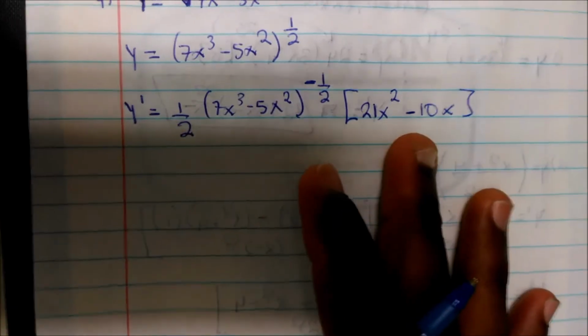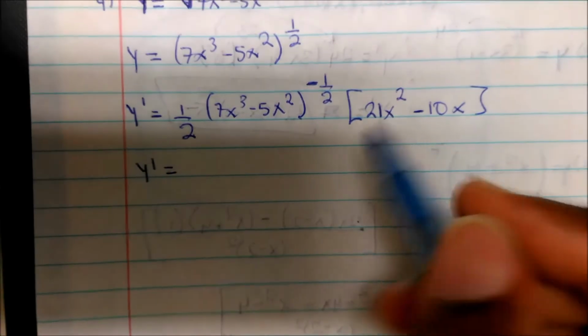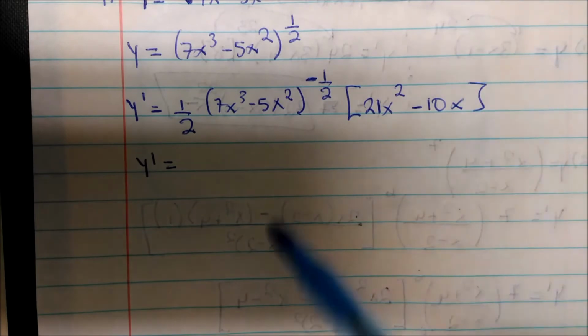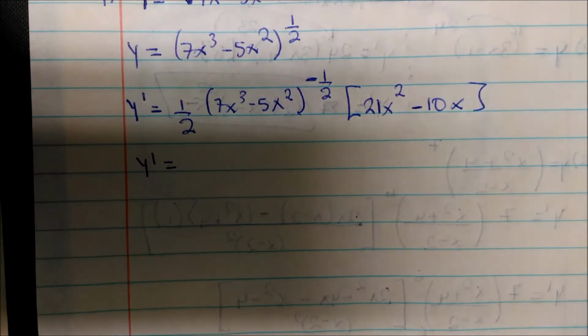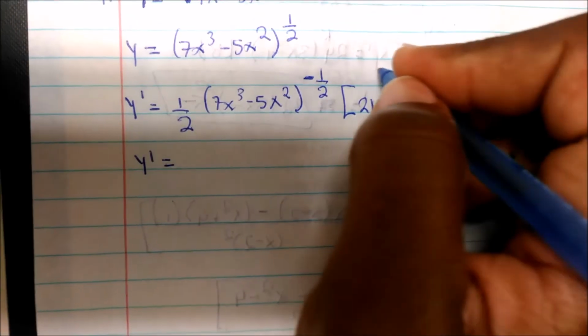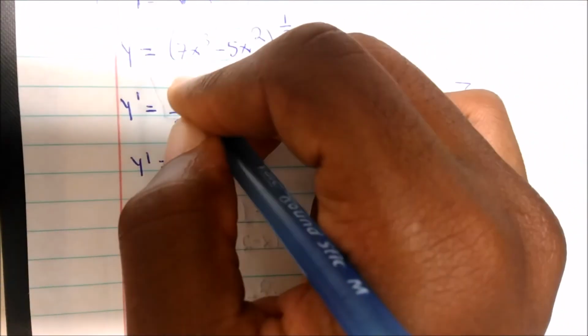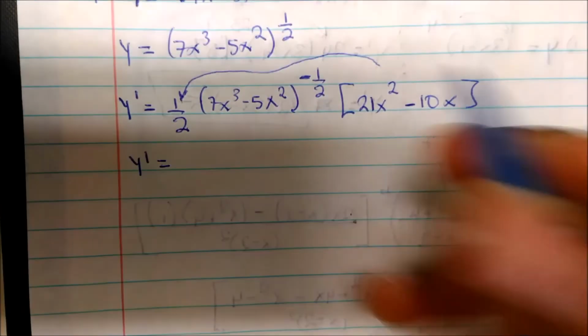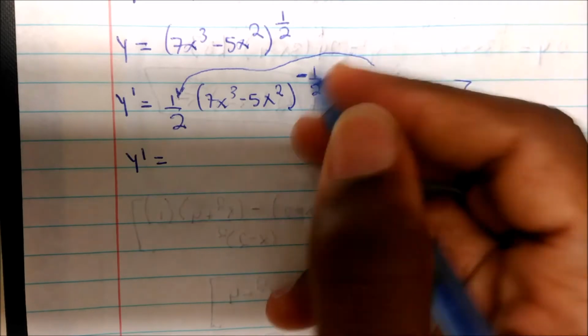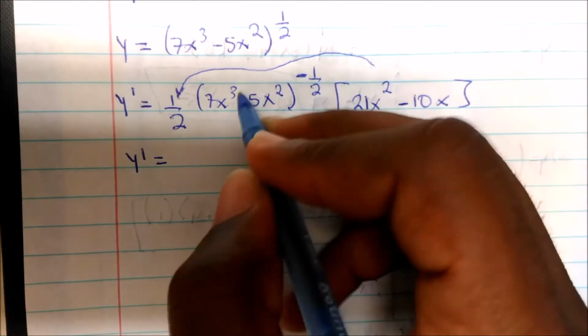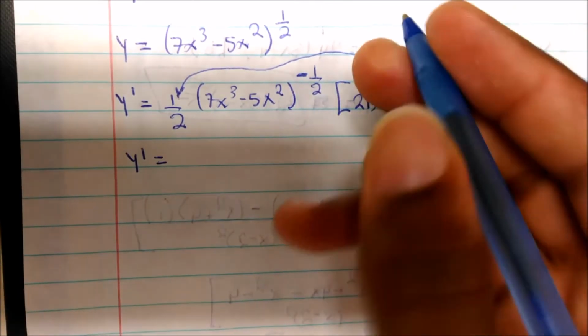Now, you could simplify it a little bit more. Well, not really simplify, but rewrite it. So this will be a perfect answer, but I'm going to rewrite mine. Again, this is being multiplied by this 1/2 here. This is being raised to the negative exponent, so I could put this whole thing down in the denominator to make it positive.